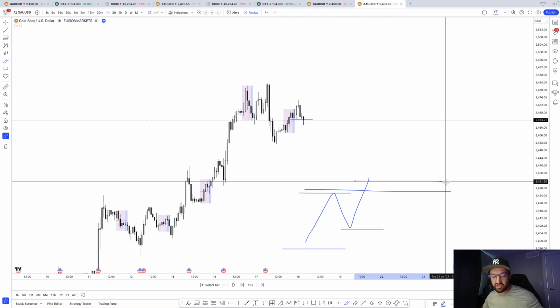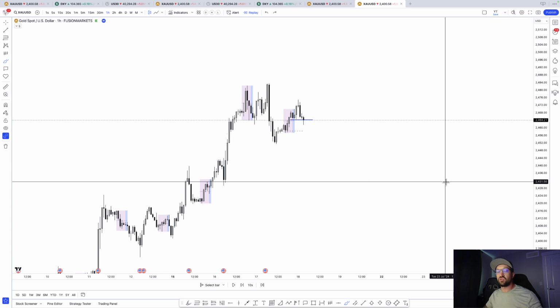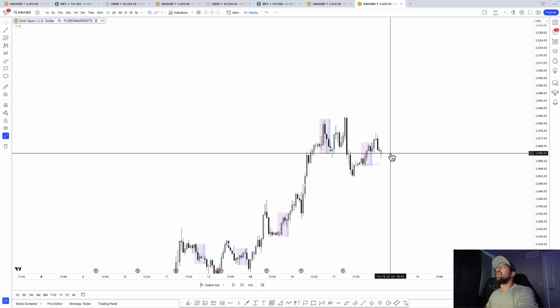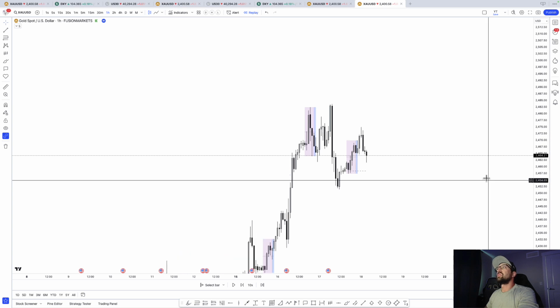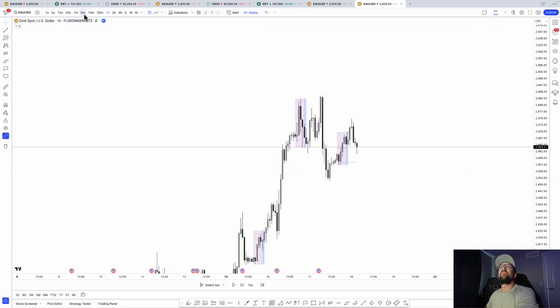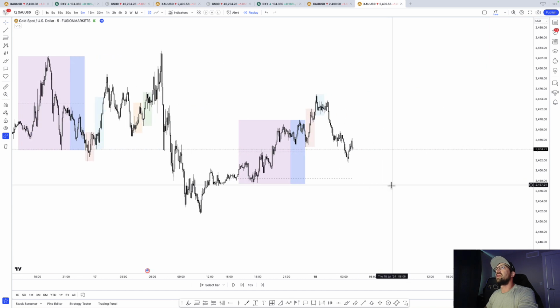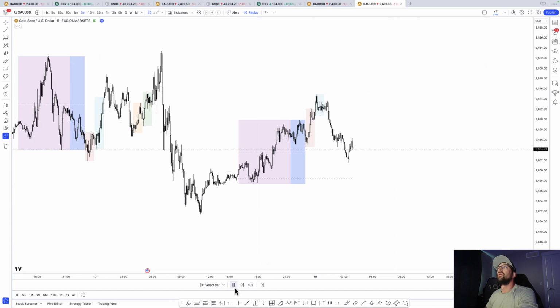Two internal ranges is generally a change of order flow, and from where it reacted from, this kind of changed our bias on gold. So looking at this now, you can see how gold manipulates here.